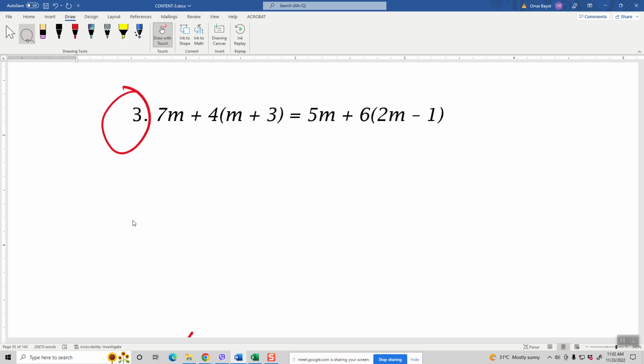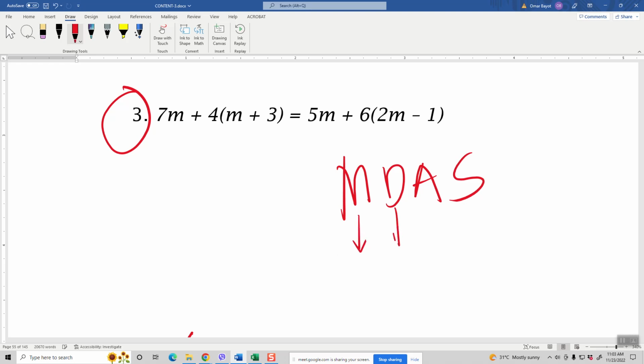Okay. So remember, previously, we learned, even in elementary, we follow the procedure of the order of operations. What does this mean, class? This is the order of operation that you are going to execute.